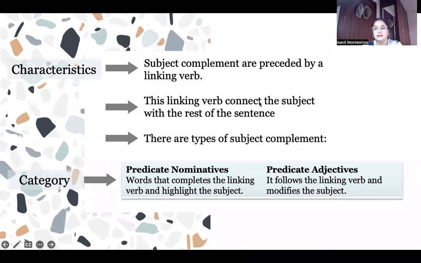Okay, let's continue with the characteristics of the subject complement. The subject complement is preceded by a linking verb. This linking verb connects the subject with the rest of the sentence. There are two types of subject complement.